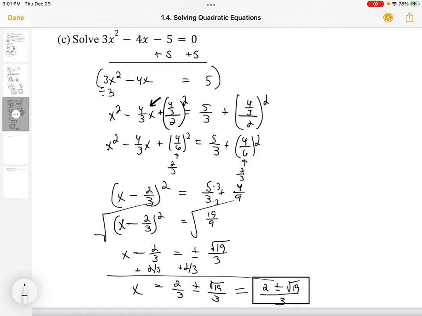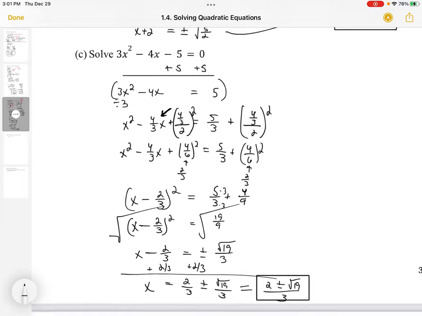And if you're super brave, you could take both of those answers, plug them into the equation above, and check them.